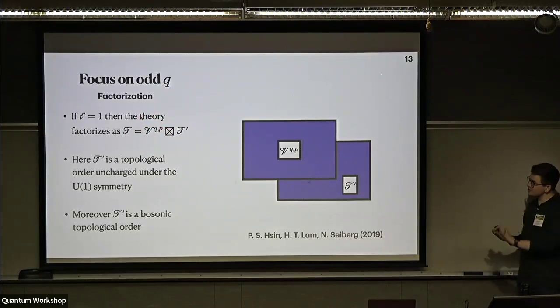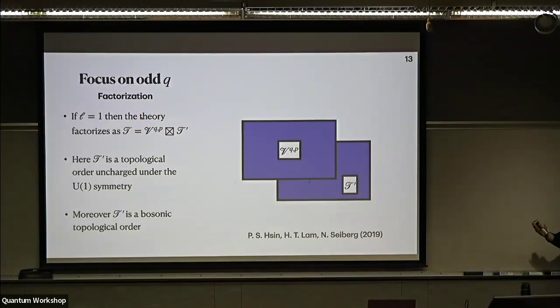And there's this theorem in modular tensor categories, which says that if you have a subset of your theory which is itself a modular tensor category, then you can break it apart. It's almost analogous to vector spaces, where you're looking at orthogonal spaces. So these are orthogonal modular tensor categories.